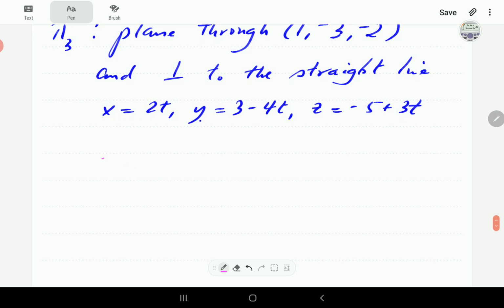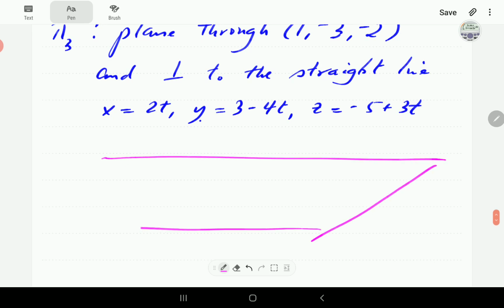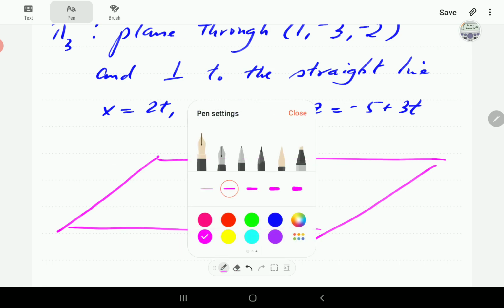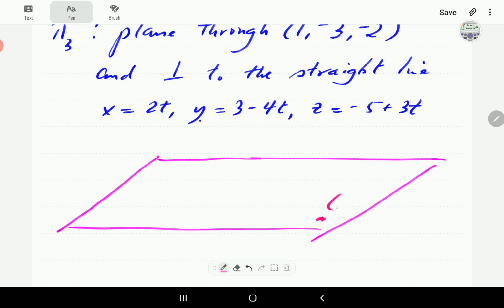Again, let's just sketch. So this plane goes through 1, minus 3, minus 2. We put that one here, it's going to be our x naught, y naught, and z naught. It's perpendicular to this line.